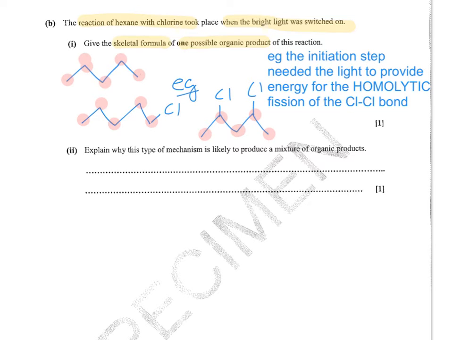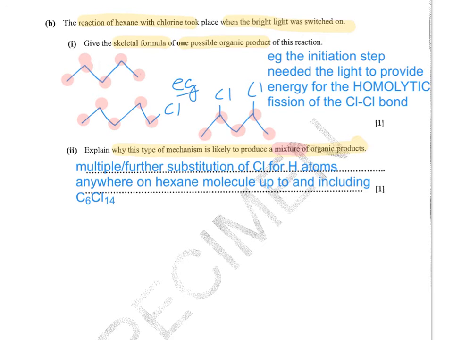And this asks you to explain why this type of mechanism is likely to produce a mixture of organic products, and specifically a mixture of organic products. So you could have multiple and further substitution of chlorine for hydrogen atoms anywhere in hexane until you could actually end up having 14 chlorines and 6 carbons out of 14 hydrogens and 6 carbons.